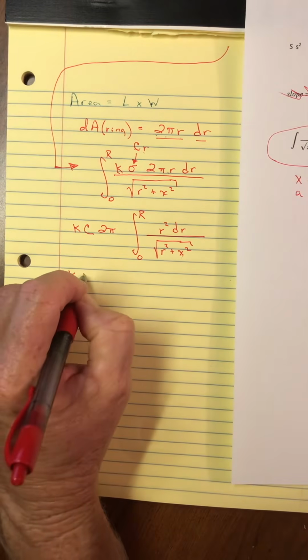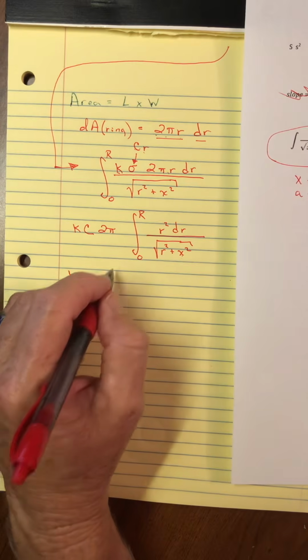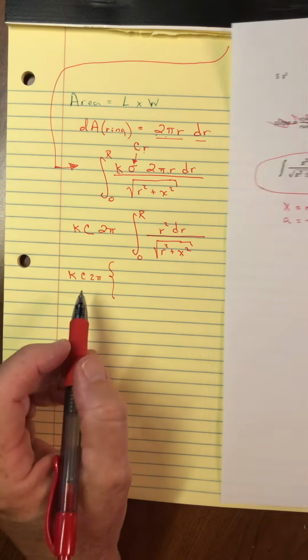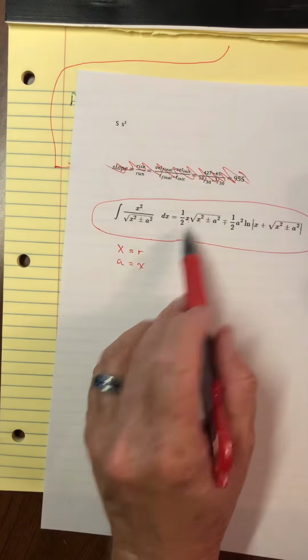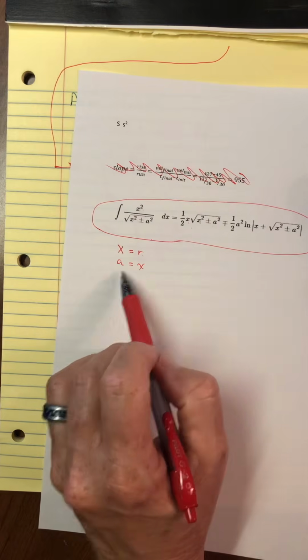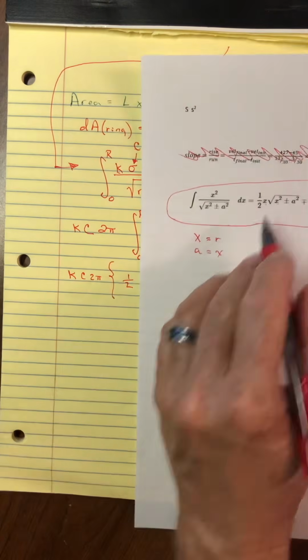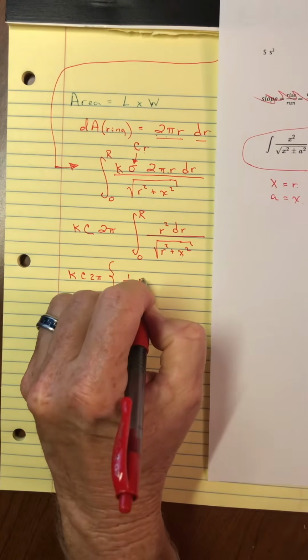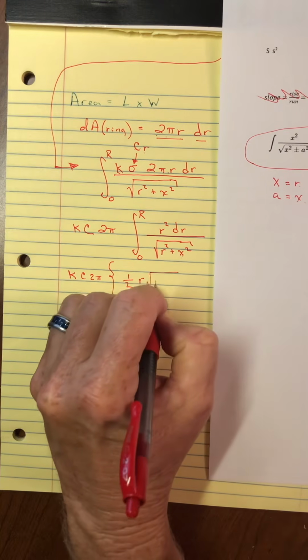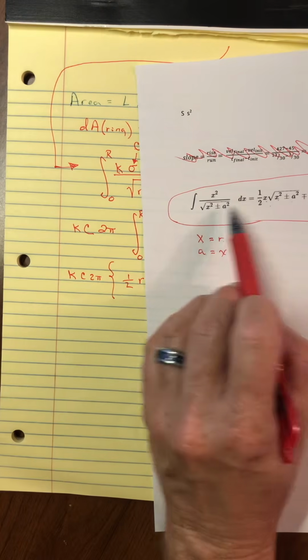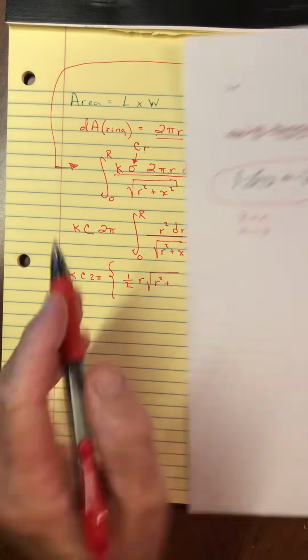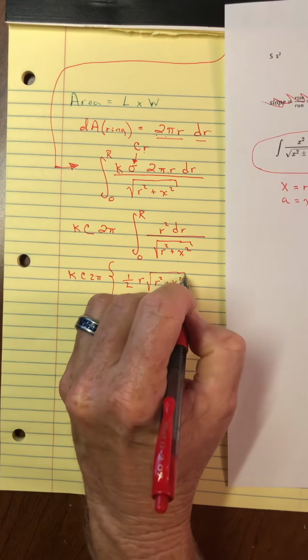But nonetheless, I think I have it, and so I'm going to do this integral. So I will put a 1/2, and I'll say it again: everywhere I see an x, that should be an r, and everywhere I see an a, that should be an x. All right, so this would be r times the square root of r squared, and I want the upper one, so the plus, and that would be then x squared.